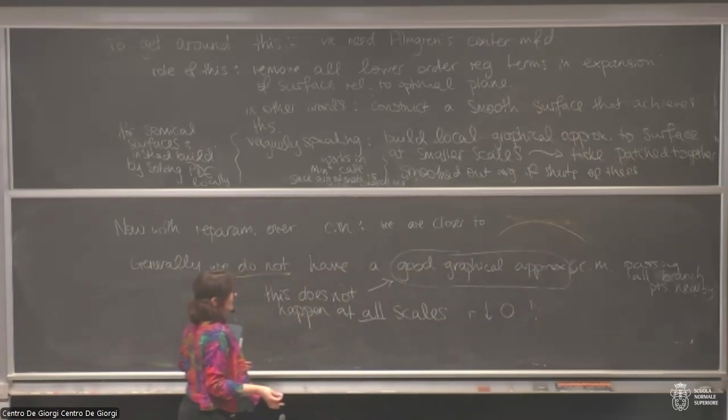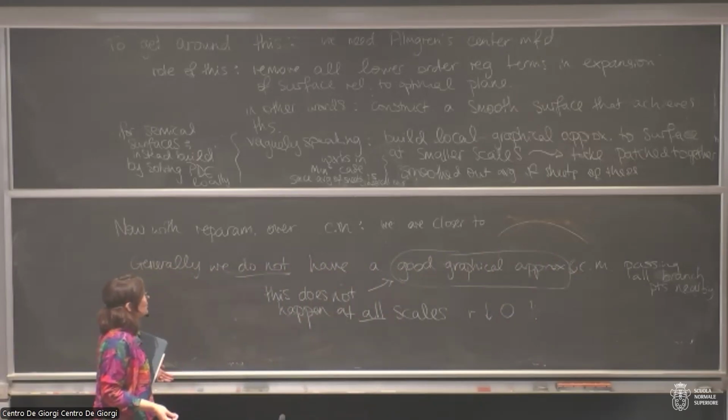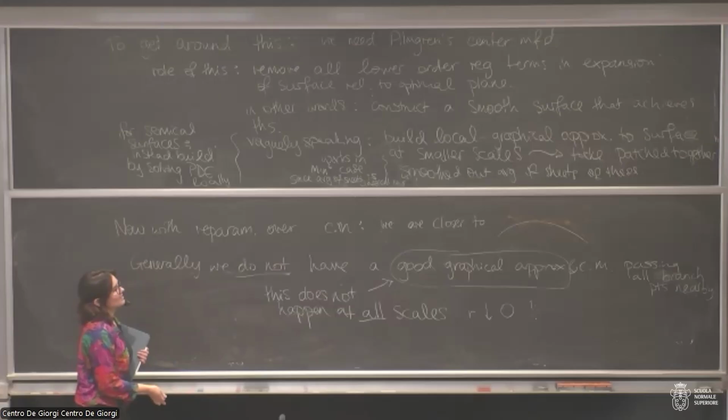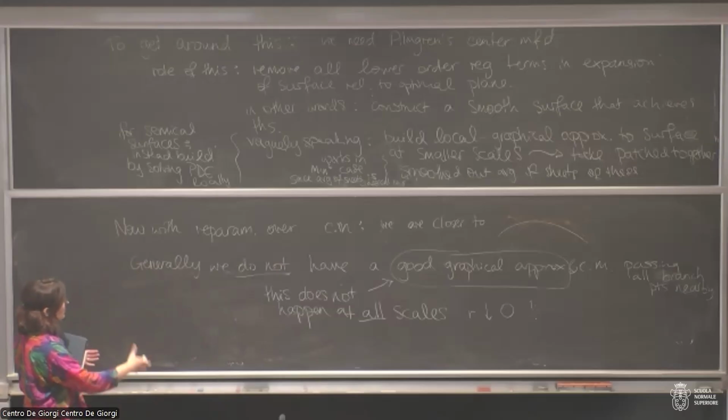Because remember, a priori, in general, we don't even know that we have uniqueness of tangent cones. We have some sequence of scales along which we know that we see this plane. And so we know that along scales comparable to that sequence, we can hope to keep having this condition that your surface is close to the plane, and then you can get the good graphical approximation.